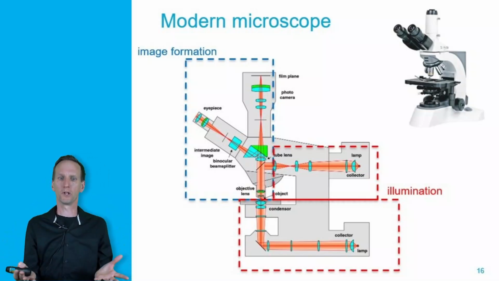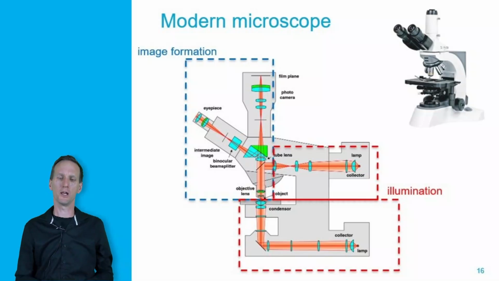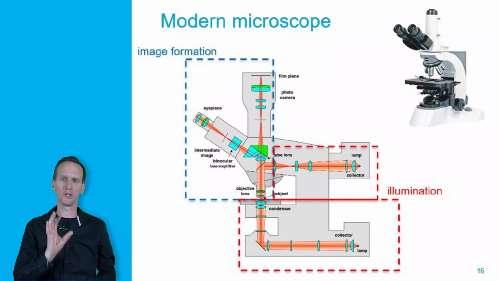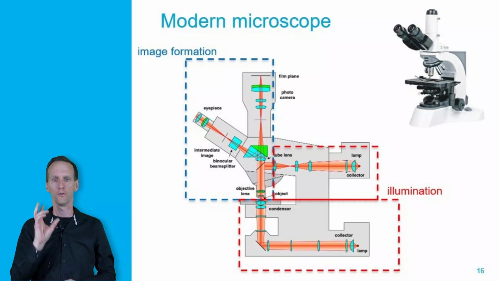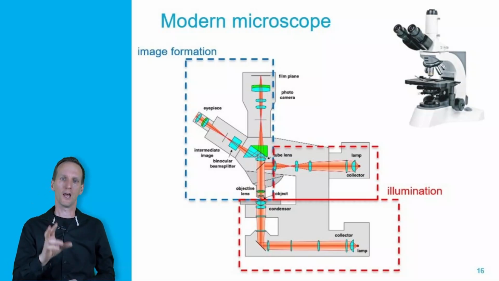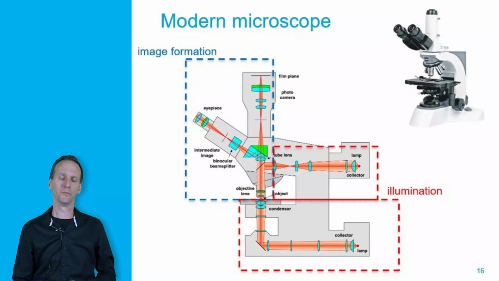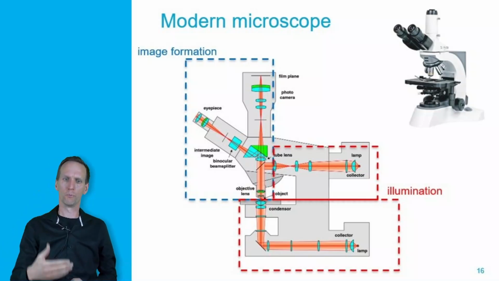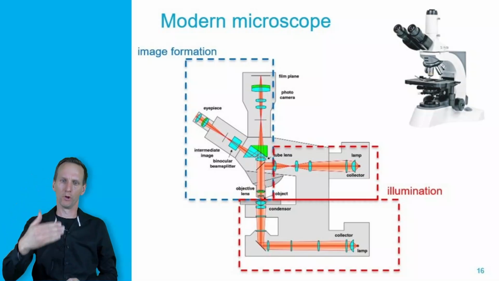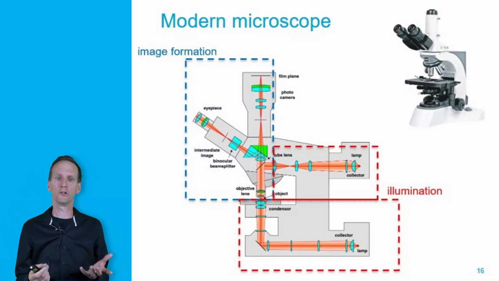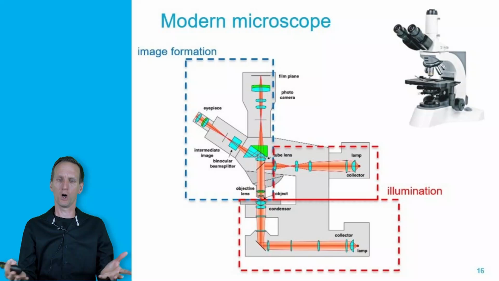Now, in all these complicated ray traces and all these elements, we can distinguish several key factors. First, we should note that we have a dedicated lighting system, in this case a lamp unit. The lamp unit, you see it in two places, one above the sample, one below. The lamp unit is a part of the total illumination system.